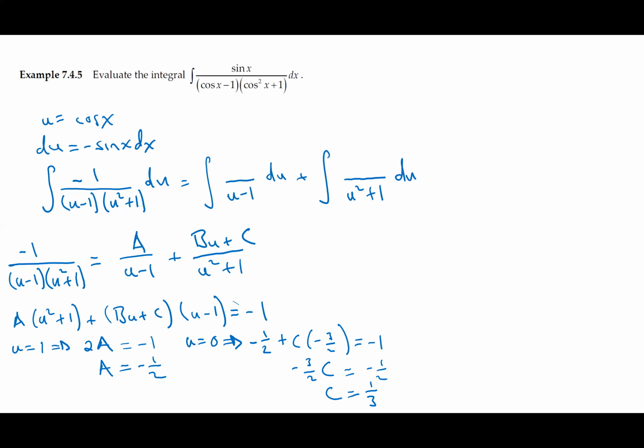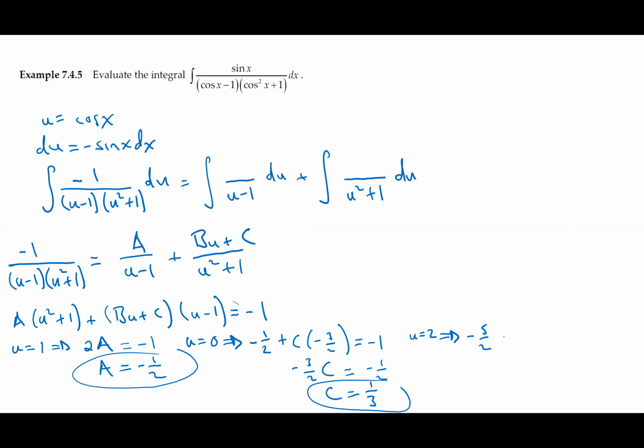And then if C is 1/3, we should be able to find B pretty easily now. If A is -1/2, C is 1/3. We could let u be 2 if you want. I'm just picking any old values here. So if u is 2, then 2 squared plus 1 is 5. So -1/2 times 5 is -5/2.